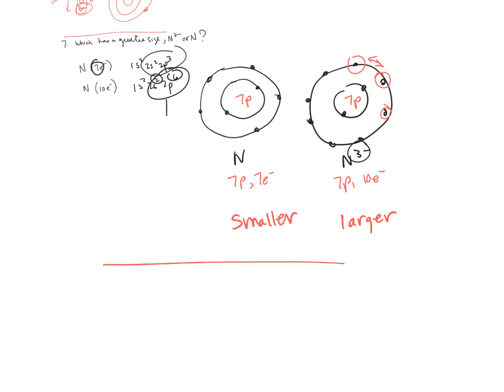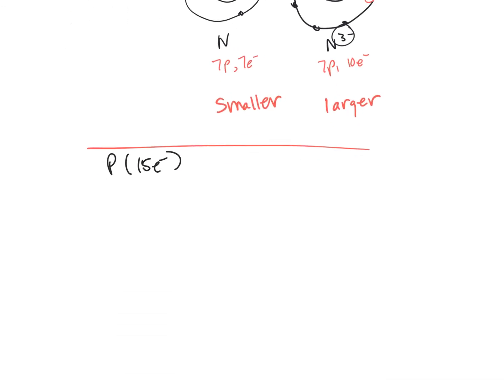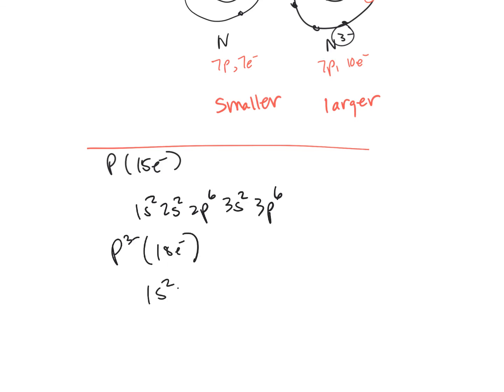And let me go back up to phosphorus. What the heck was I talking about? Phosphorus has 15 electrons, and the configuration is 1s2, 2s2, 2p6, 3s2, 3p6, and then P3 minus has 18 electrons, 1s2, 2s2, 2p6, 3s2. This is a mistake here.